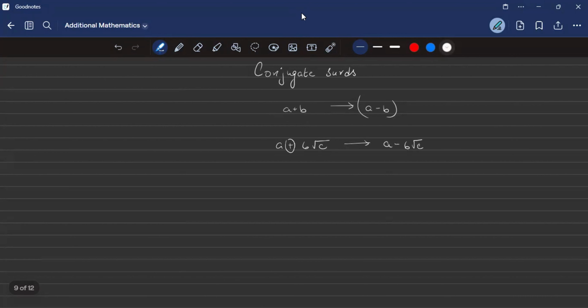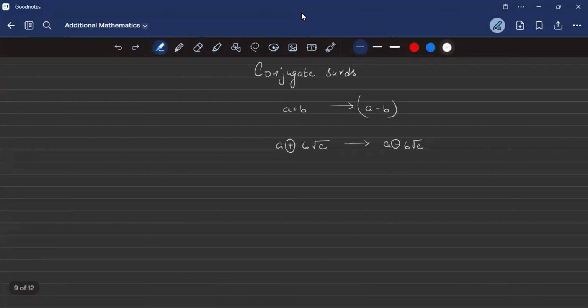So the difference between a positive and a negative in the main expression makes up conjugate surds.